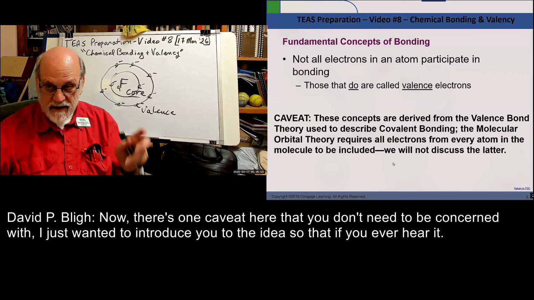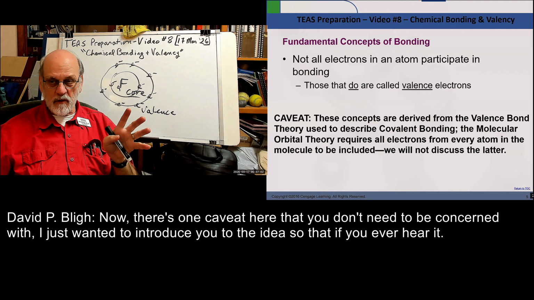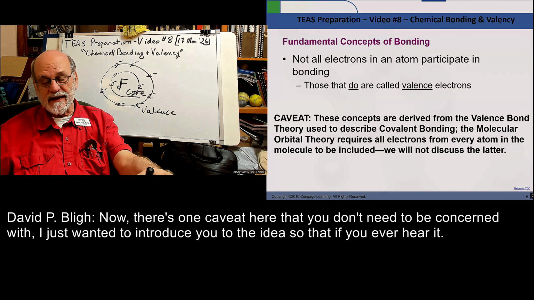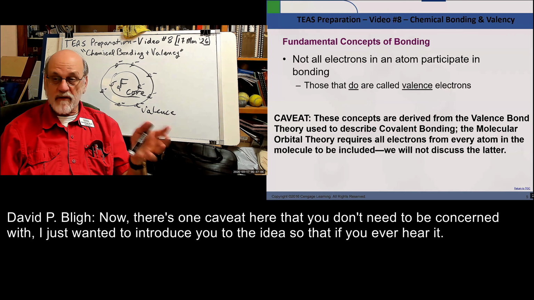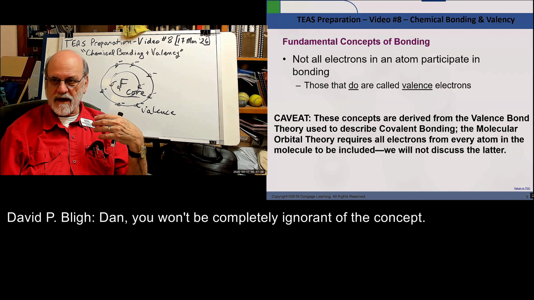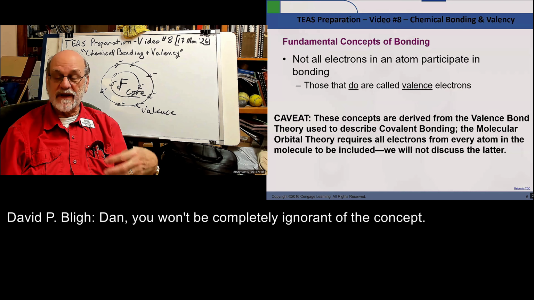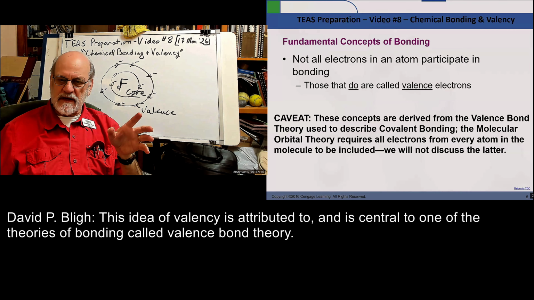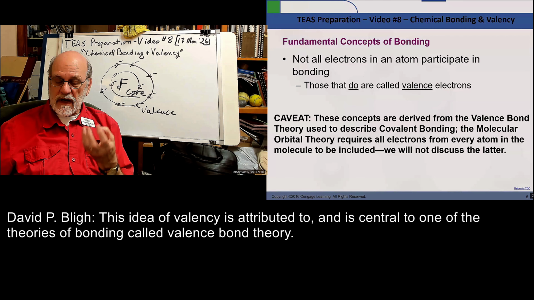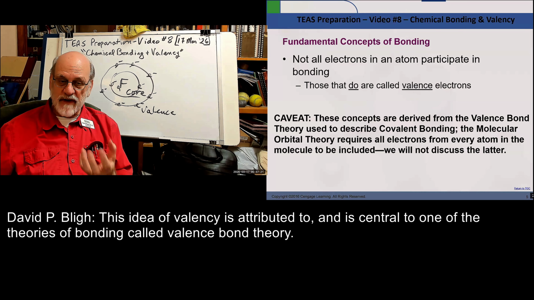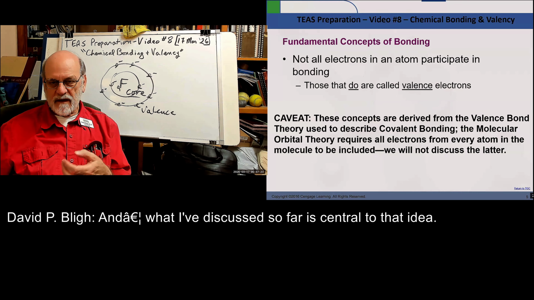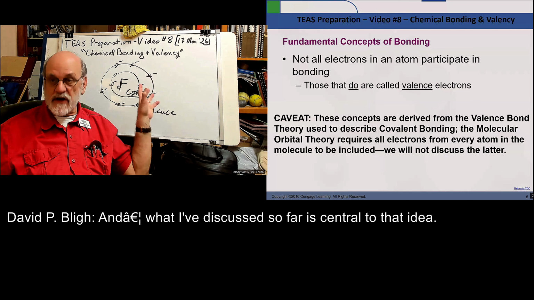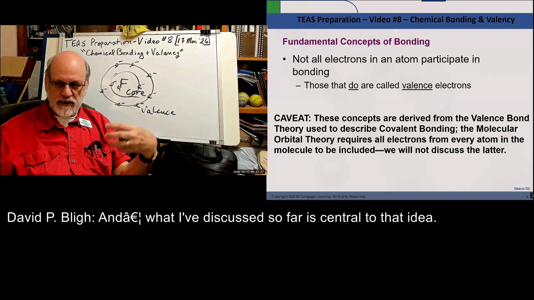Now, there's one caveat here that you don't need to be concerned with. I just wanted to introduce you to the idea so that if you ever hear it, you won't be completely ignorant of the concept. This idea of valency is central to one of the theories of bonding called valence bond theory.